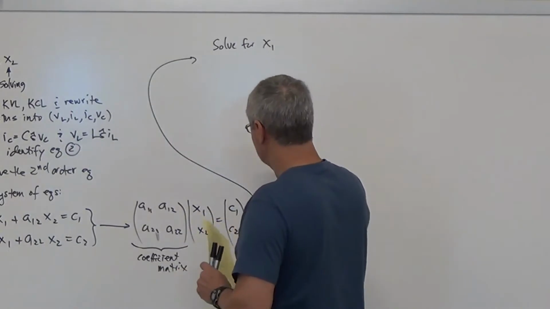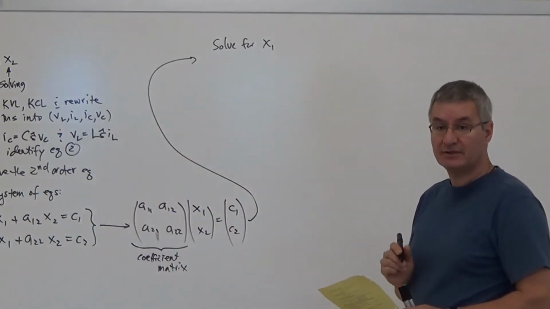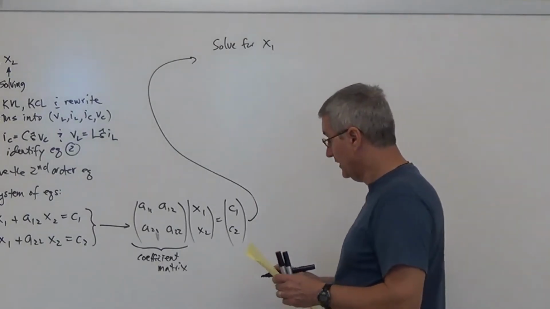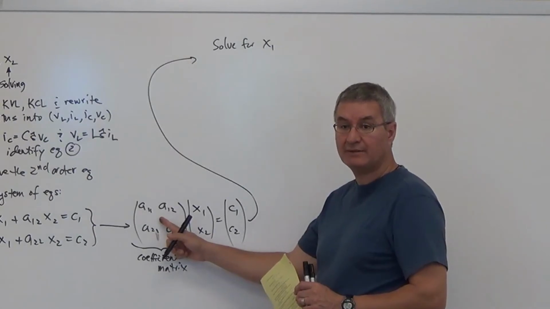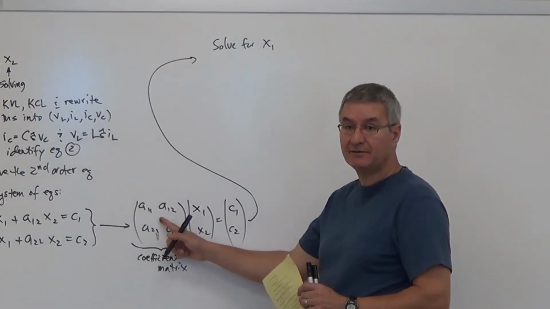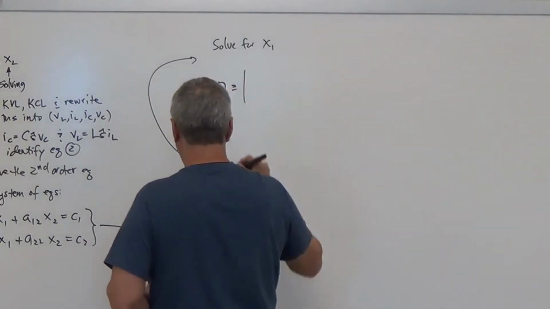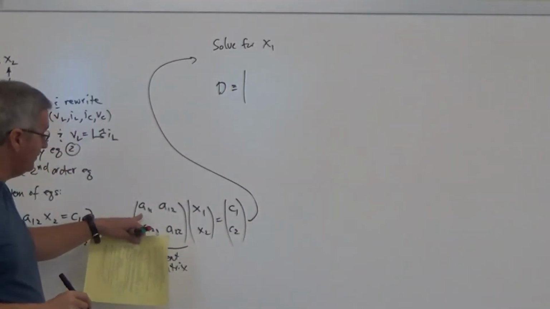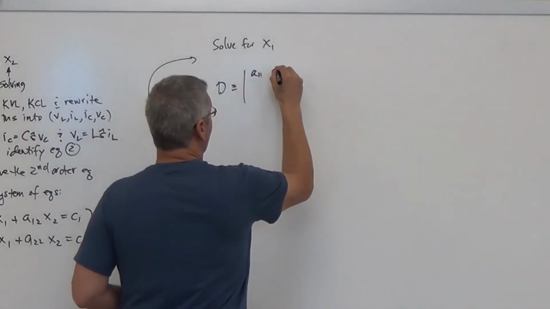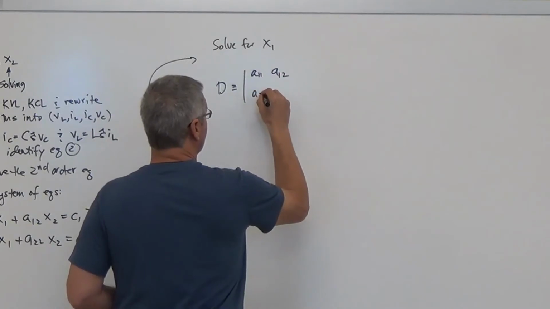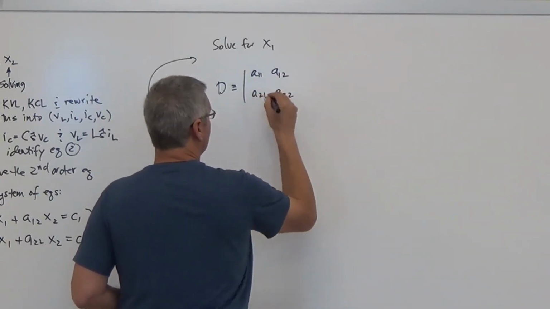We've got to take a determinant of a matrix. This thing here I'm now going to rewrite as a symbol D. By definition, D is the determinant of this cofactor matrix: A11, A12, A21, A22.